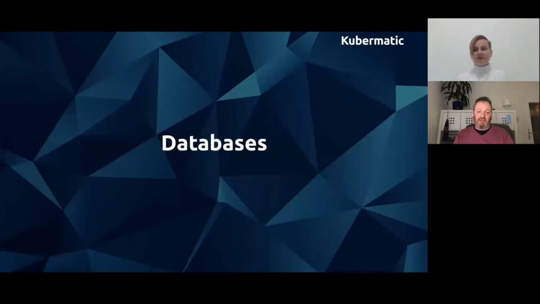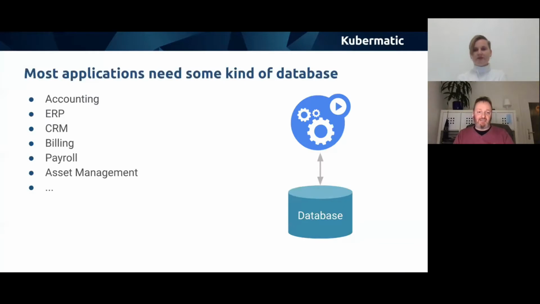So first, a little step to databases. You know, most applications need some kind of database, if we do accounting, ERP, CRM, billing, payroll. Every time we work with microservices in business applications, we have some kind of database, but technical applications also need databases. So how to handle these inside of Kubernetes?